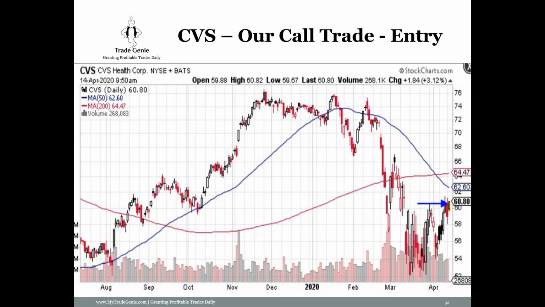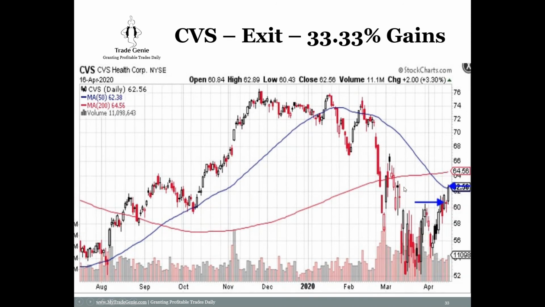When I spotted it, what were the chances that CVS found the bottom at 58 and then gapped up, finding support, and that it would come down rather than go up? The target is right here, because this is the resistance. After 2 days it went to the 50-day moving average, hit the resistance, and we got out with a 33.33% gain.